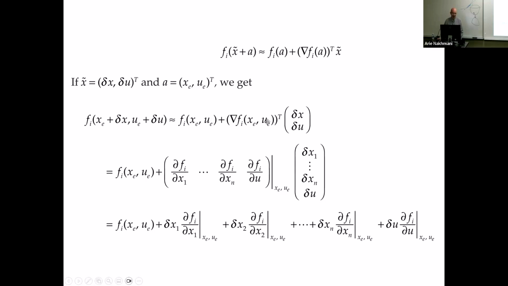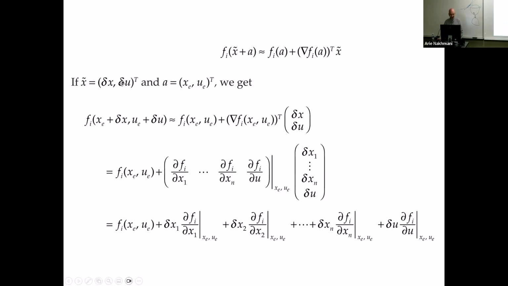Now, this is a product that we actually can compute, right? And we need to compute it at the equilibrium point, because all of these computations are at the equilibrium point. So this is what you get. You get f_i, writing that explicitly, which are all of the derivatives of f_i with regard to x1, x2, x3, x4, and so on, until you get to d/du, right?